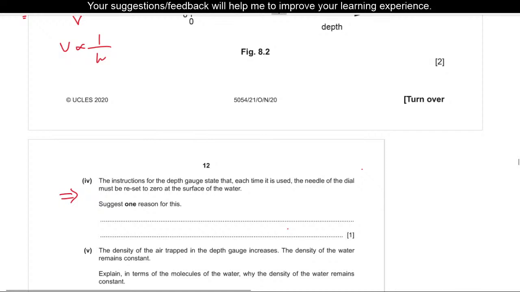Please suggest one reason. I am waiting for your response. Okay, I got a response, that the pressure measured is not the same.